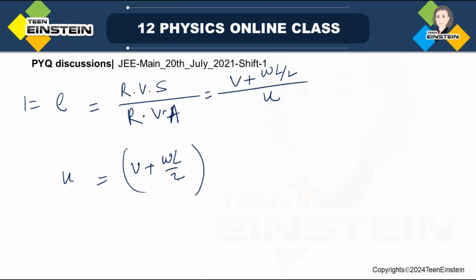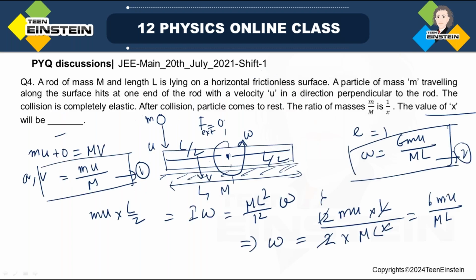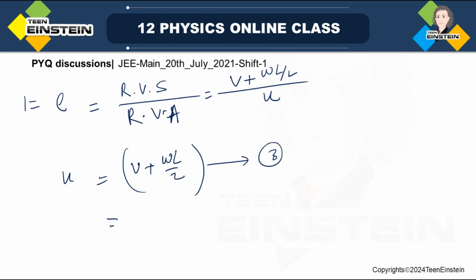So far we have got this one, okay. Up to this, let us say this is equation number 3. We have got a relation between u and v, and also omega is equal to 6 m u by M L. Let us put this here. Omega is equal to 6 small m u divided by capital M into L, and see there is L here, this is 2 here, okay.